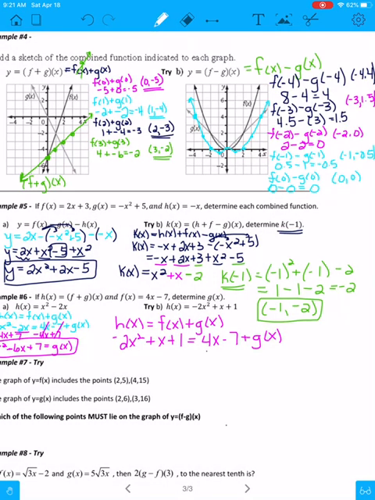And then you're going to minus 4x plus 7, like we did before. So we're going to get g of x equals negative 2x squared. X minus 4x is minus 3x plus 8.